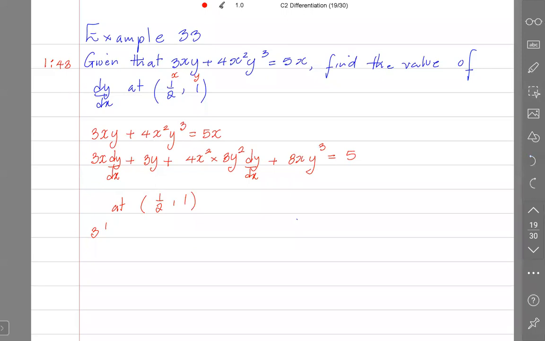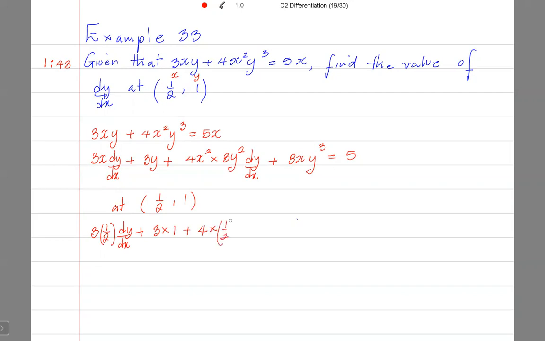So it's 3 times a half dy by dx, plus 3 times y, which is 1, plus 4 times a half squared, multiplied by 3 times 1 squared, dy by dx, plus 8 times a half times y, which is 1 cubed, is equal to 5.